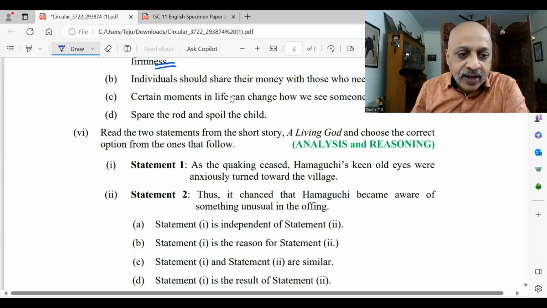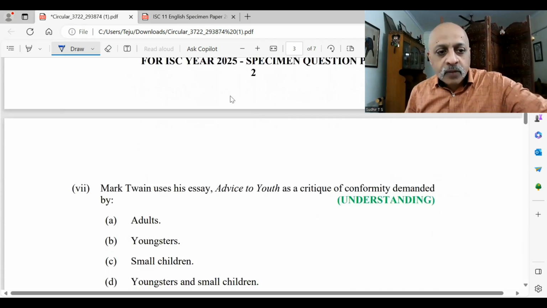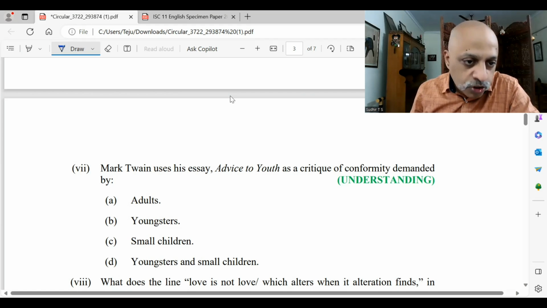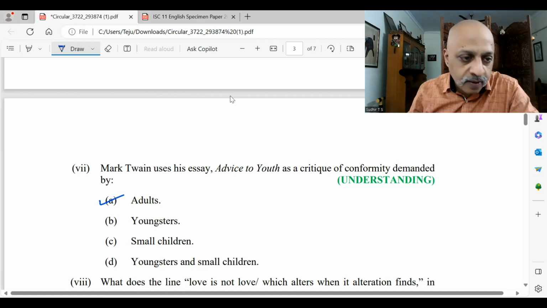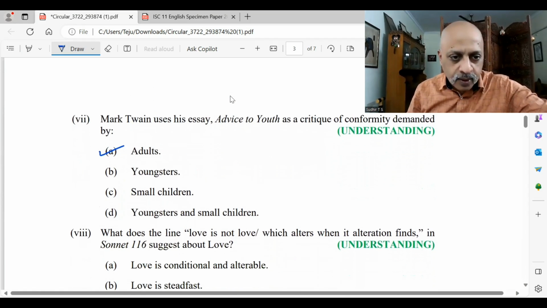So sixth ka, the correct option is B. Mark Twain uses his essay Advice to Youth as a critique of conformity demanded by adults, youngsters, small children, or youngsters and small children. The correct answer is 7th A. Sorry, have I made a mistake? Yeah, correct. Yeah, 7th A.